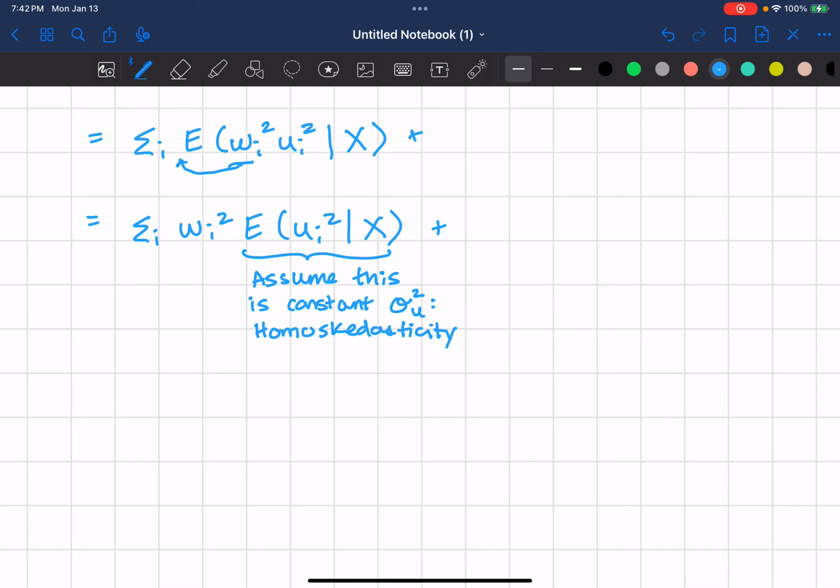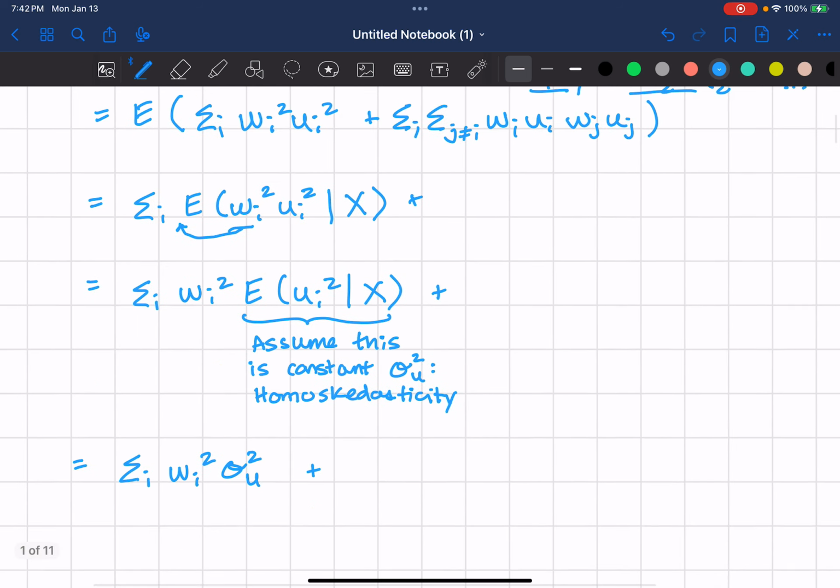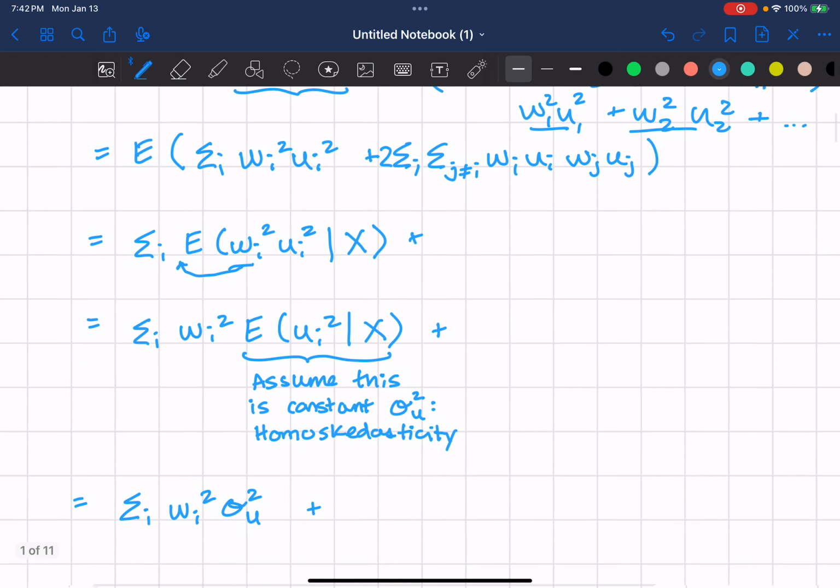Now, I guess I can finish up the simplification of this part. So then we'll get sum over i of wi squared sigma squared u, plus this other term. So let's work on the other term now. Oh, sorry, I've also forgotten the 2. There's a 2 here.